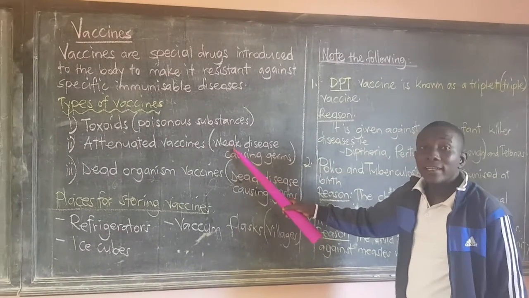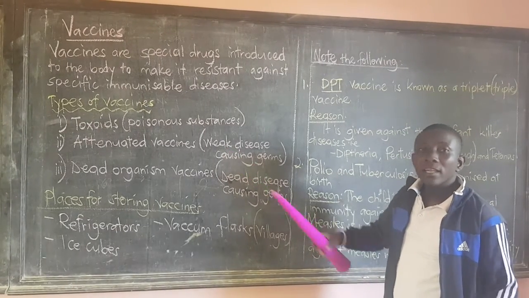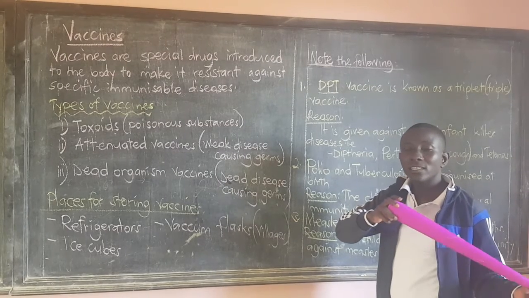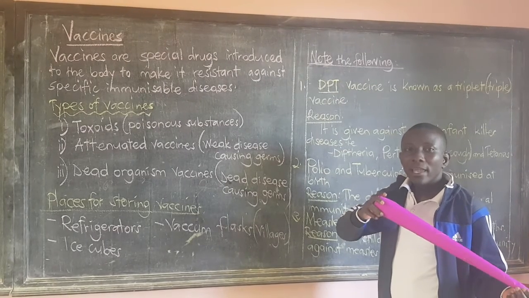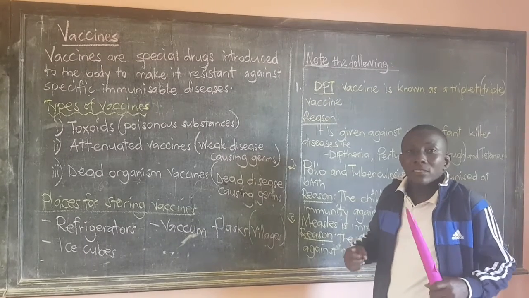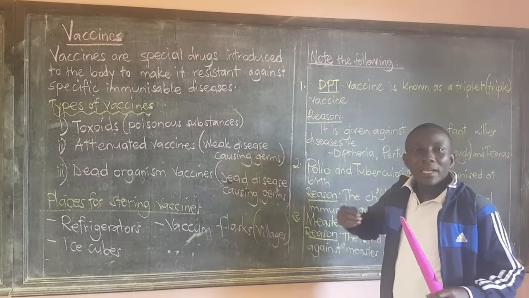They are weakened. How? They are first of all injected into a horse. That horse is called a serum horse, where the body of the horse will try to resist those germs injected into it, and it makes them weak.